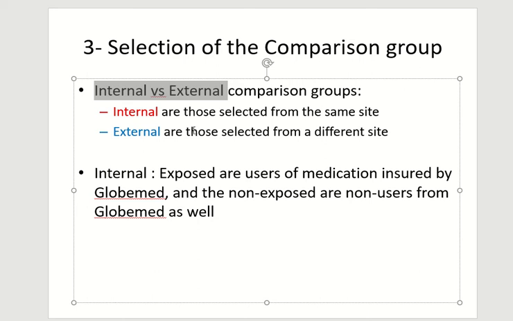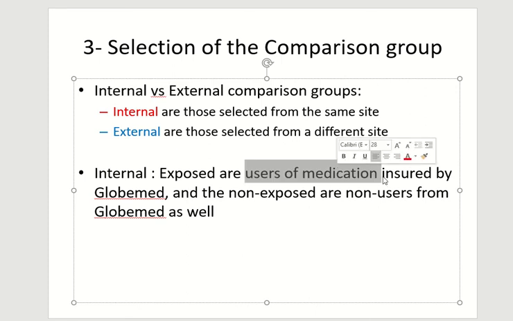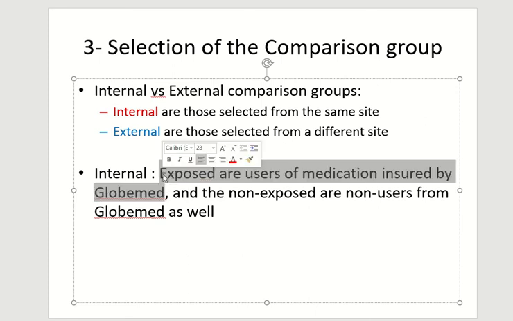So internal exposed, for example, are those users of medication, and they are insured by GlobeMed. Okay, for example, those taking some medication for heart failure and they are insured by GlobeMed. So it's easy for me to find users of the medication through the insurance because that's where I will find them. An internal comparison group would be a group that are also covered by GlobeMed. However, they're not taking the medication.